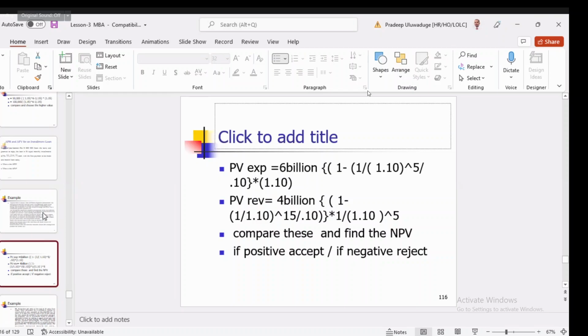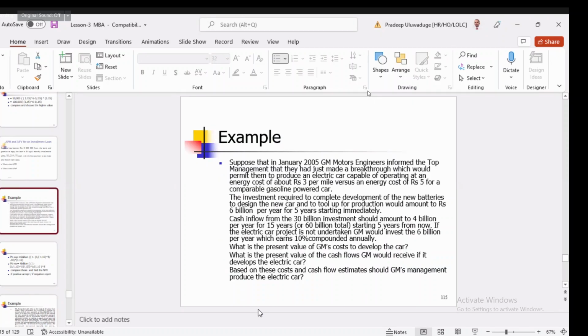Right. The second question is, what is the present value of the cash flows GM would receive if it develops the electric car? Here, cash inflows from the 30 billion investment should amount to 4 billion per year for 15 years, starting 5 years from now. Right.